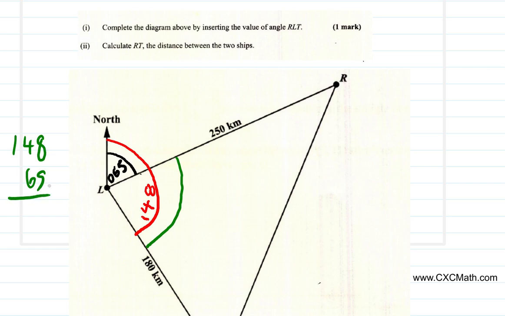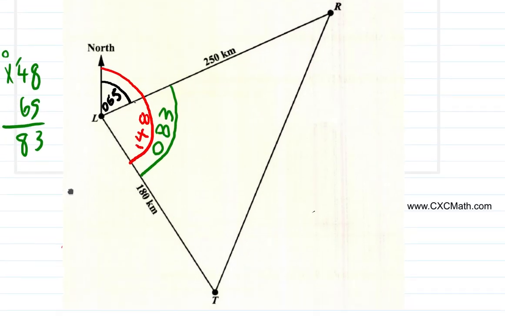Let's see now. 8 minus 5, that's 3. As they say, you borrow one from this. You have 14 minus 6. That's 8. So this angle, the bearing is 083 degrees. Alright? 83. So that's the angle RLT. You see that?